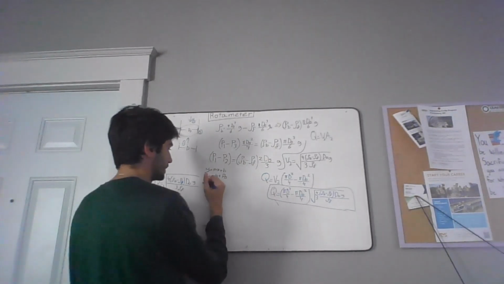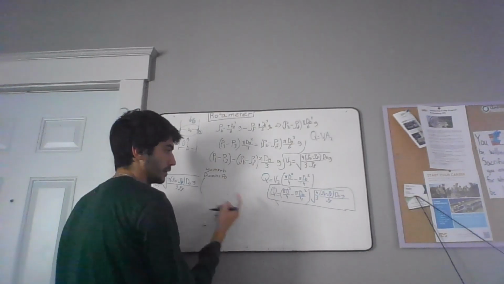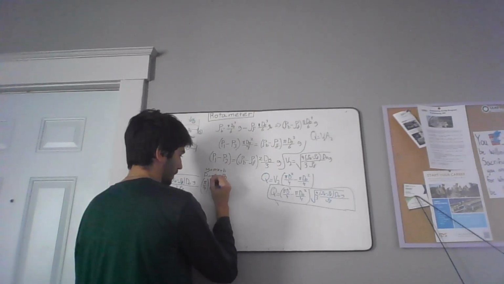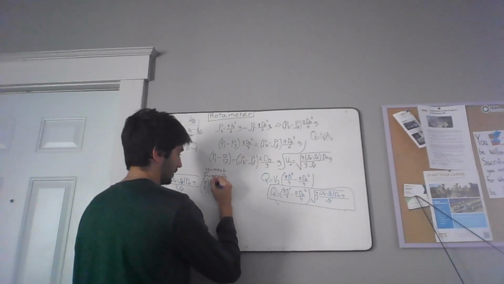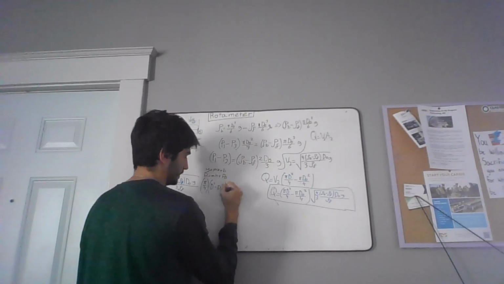Then multiplied by this. Now what I'm going to do is take out pi over 4, so that we get d squared minus d naught squared, okay?